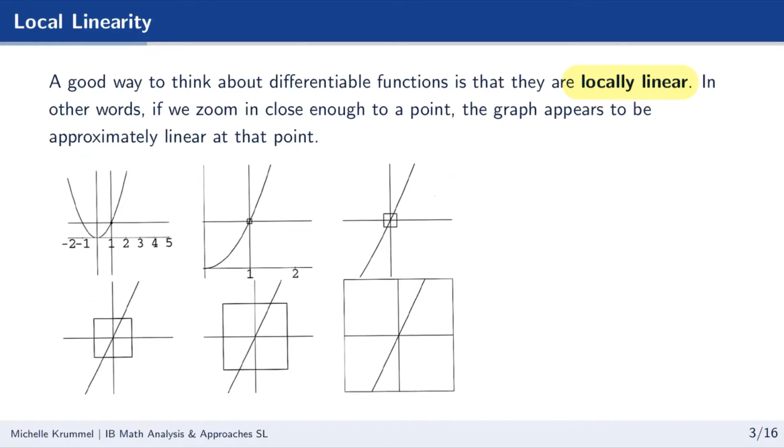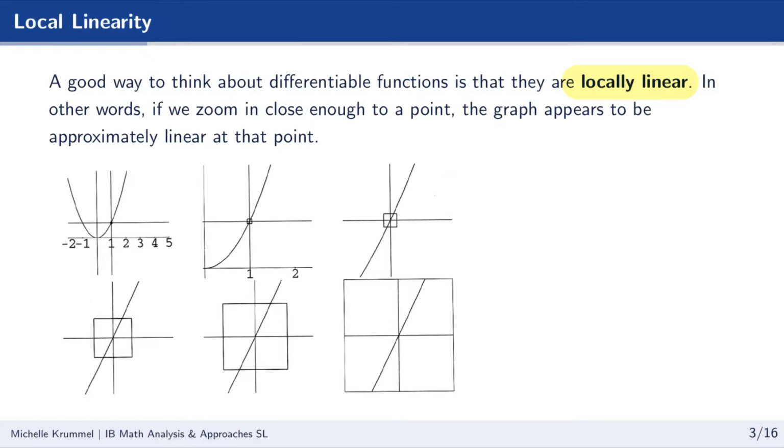So locally means, well, just think about the word local, nearby, right? And when we're saying locally here, we mean really, really, really nearby. Really, really close as you can imagine getting to the point where x equals a without actually being at the point where x equals a.